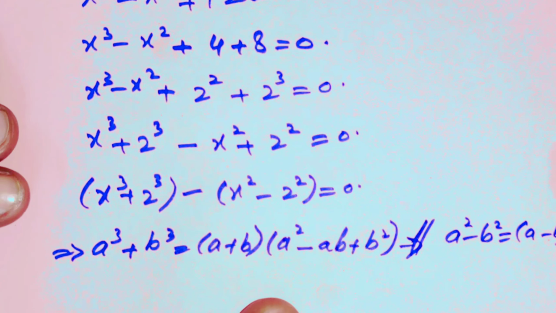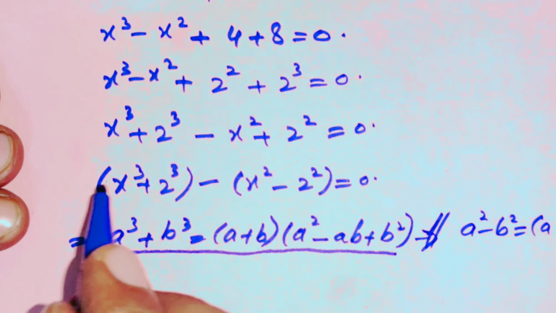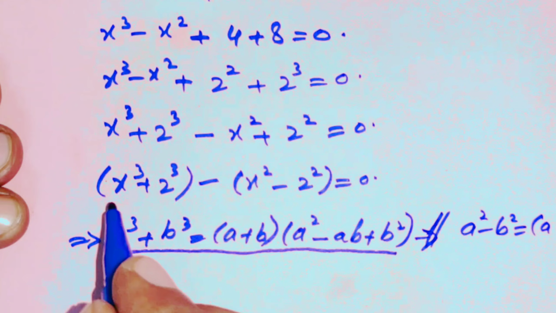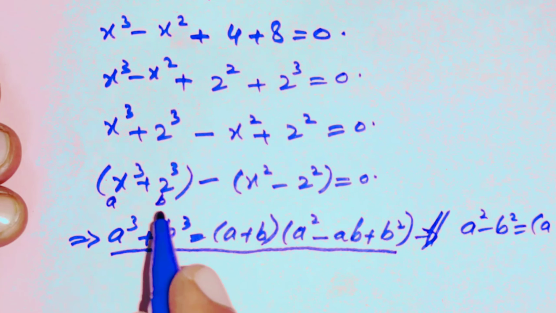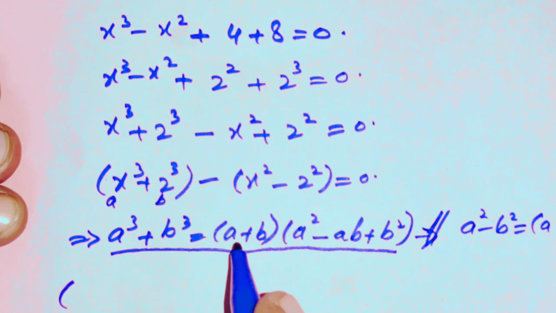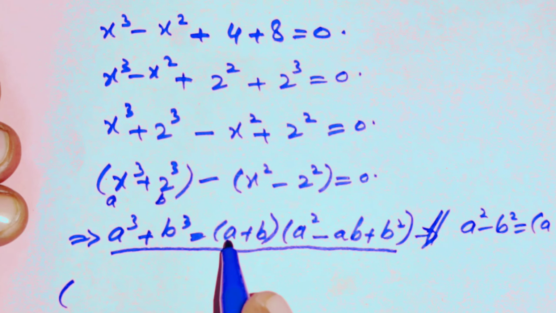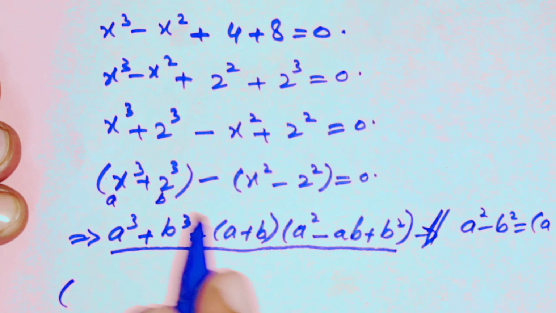Now apply this formula on x cube plus 2 cube. Here a is equal to x and b is equal to 2, so replace a with x and b with 2.